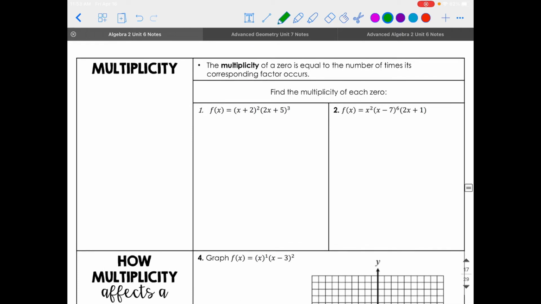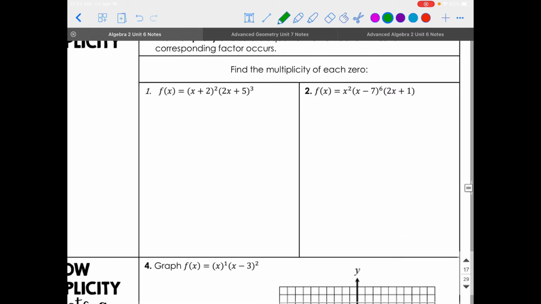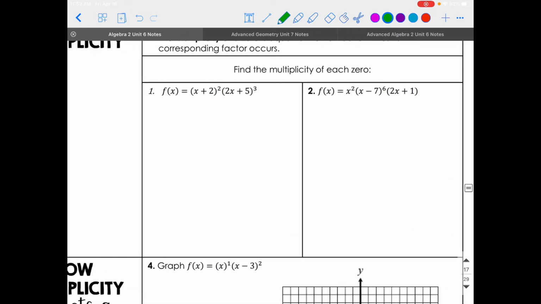So we're going to get into something called the multiplicity. And then I'll show you why that multiplicity is important. The multiplicity refers to these exponents. An exponent tells us how many times a specific thing is being multiplied.